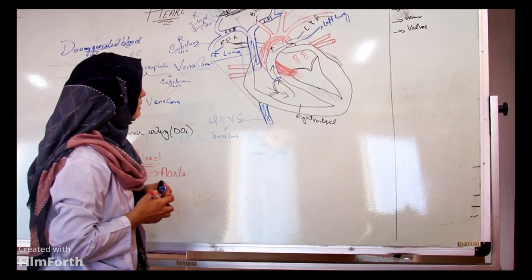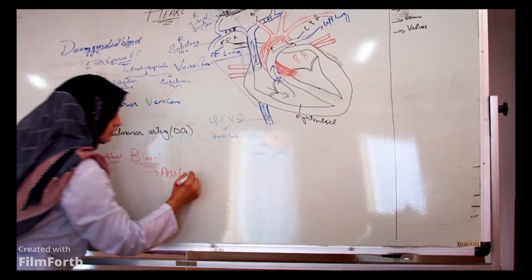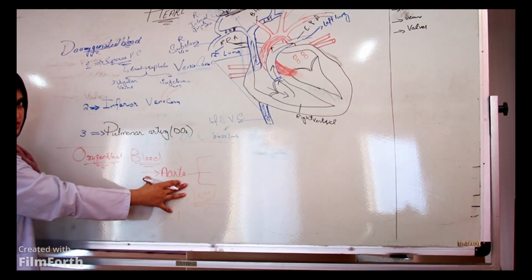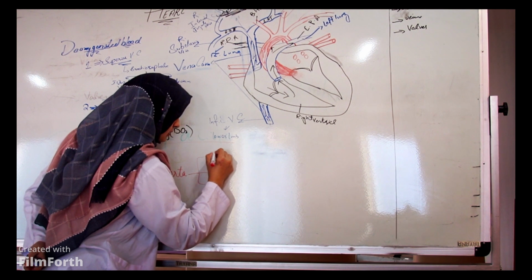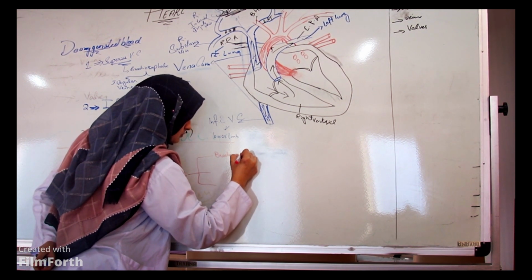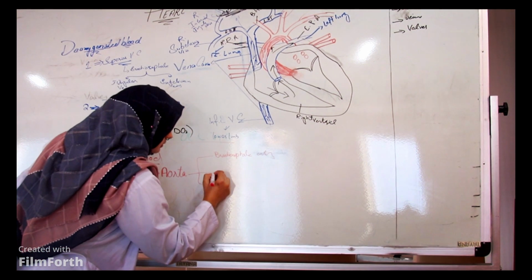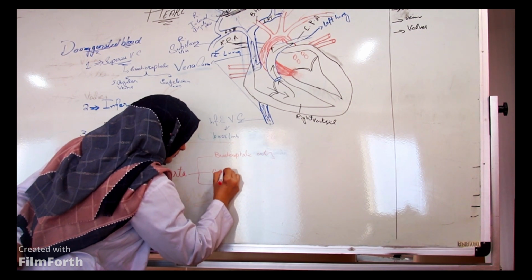So here we are done with the branches of the aorta, and now I am going to review all of them. The three branches of the arch of the aorta are first the brachiocephalic artery, second the carotid artery.